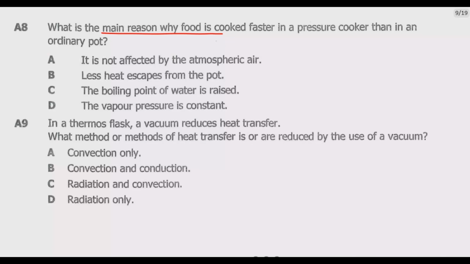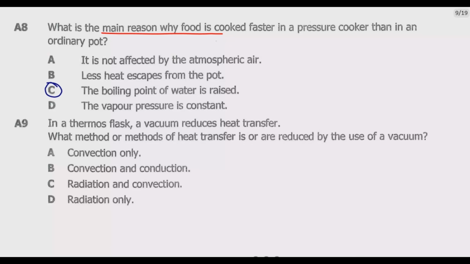But if you look at these two carefully, you notice that these are secondary factors. So we need to look for the primary reason. What's the key reason? The key reason is the boiling point of water is raised. That is the main reason why food cooks faster in a pressure cooker than in an ordinary pot. So C is the correct answer in this case.